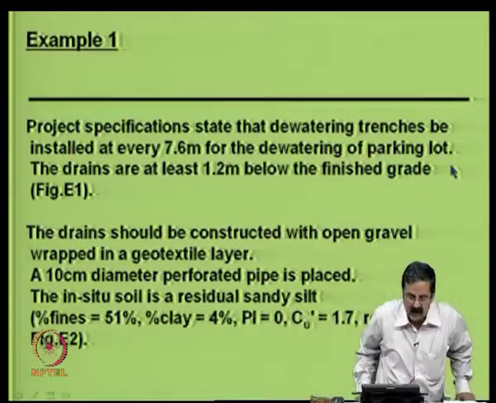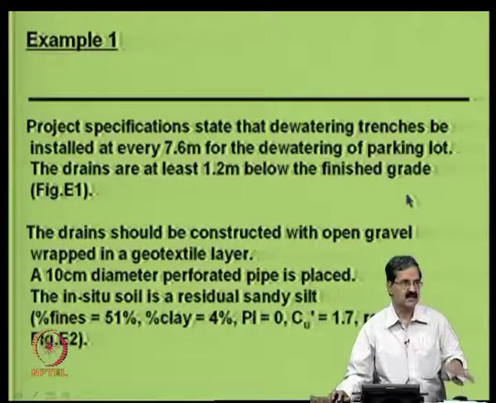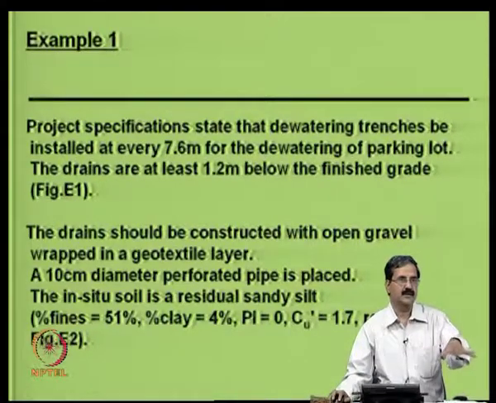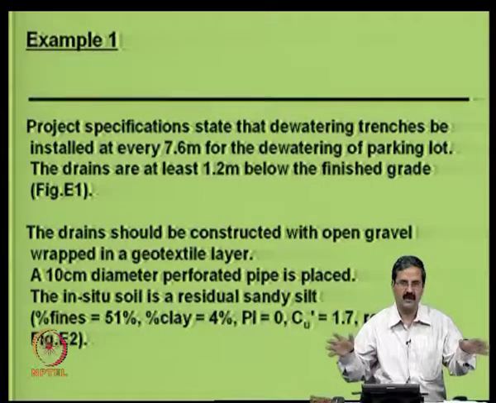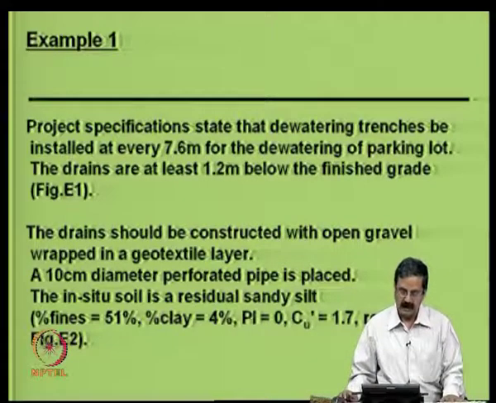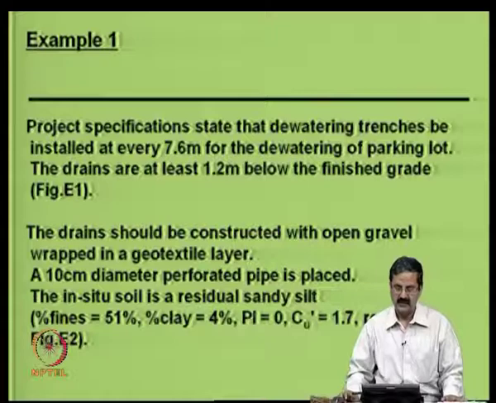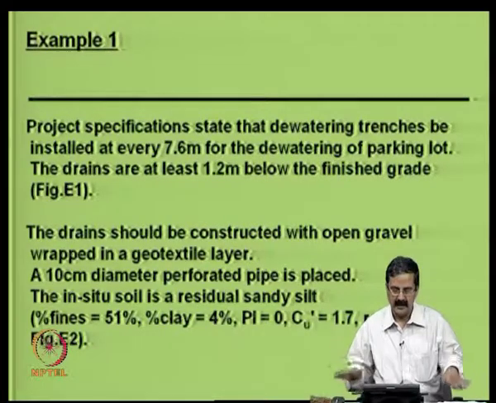For the dewatering, parking lots are often constructed in a low-lying area. Assume the parking lot is constructed in a place where there was a lot of water previously, and there is a possibility that water can come. If you are designing a parking lot, you should see that the water is not there at the top, so it should be lowered.